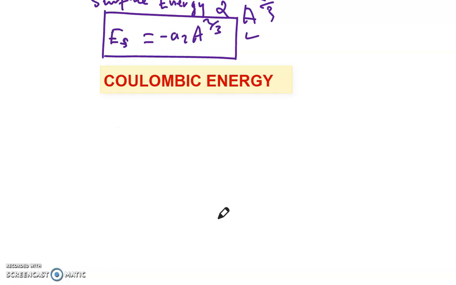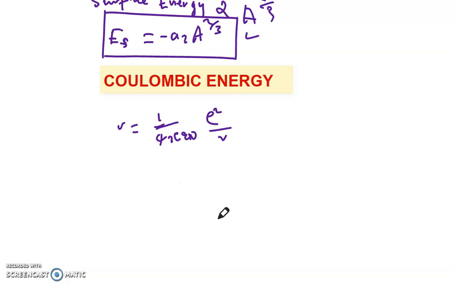It is always given by V equals 1 over 4 pi epsilon naught, into e squared divided by R. Don't worry, you will know how we get all this. Let's say that there are 2 protons.